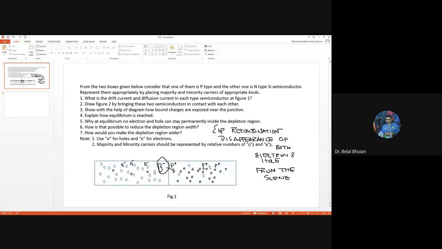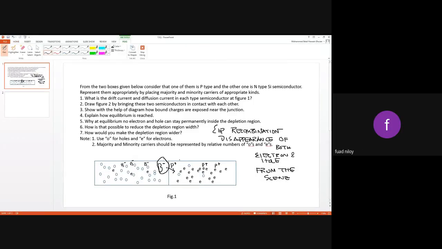Now, what happened to the positively charged ion? The phosphorus ion gets exposed. Both of them are exposed. So this way we find a positive charge near the junction on the n side and a negative charge near the junction on the p side.